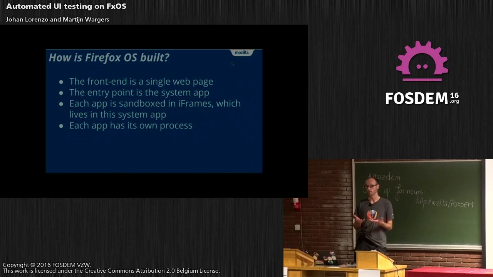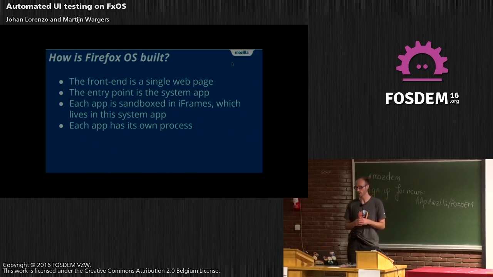They're all HTML apps, and HTML apps consist of elements and a DOM. So with Web IDE, it's easy to access the DOM and see its contents, and that's what we use.